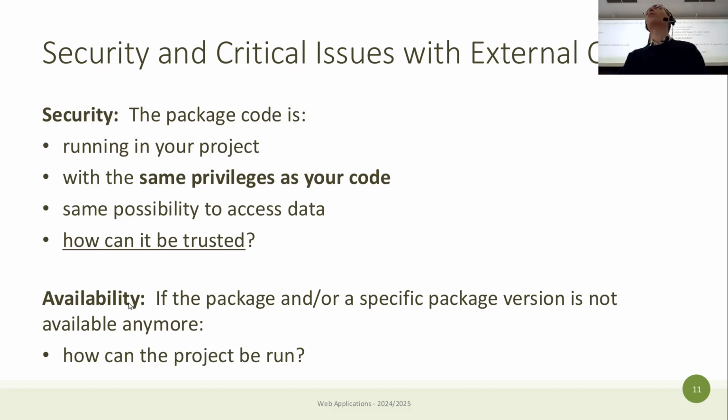If I don't have a network connection, well, I search for another one. But if the repository has disappeared, what do I do? It's an availability problem. How do I run my project if I'm missing a piece of it, because the package is needed by my project?